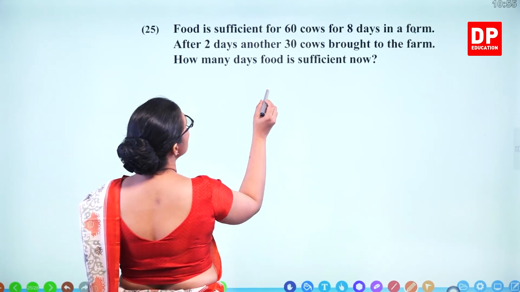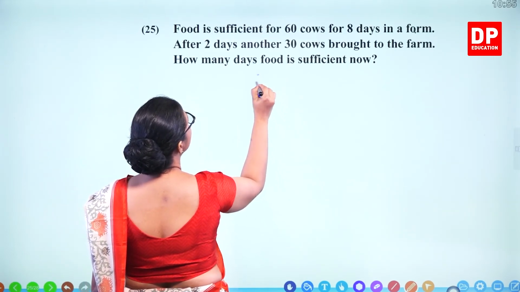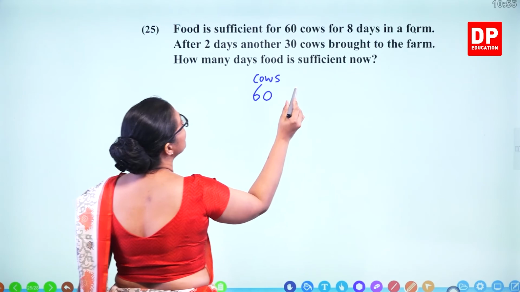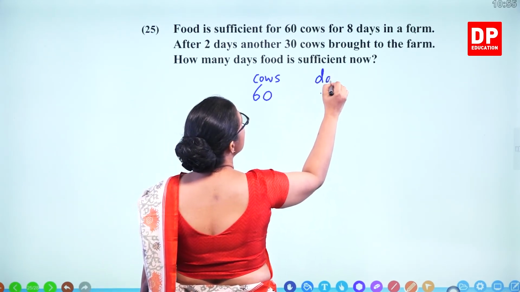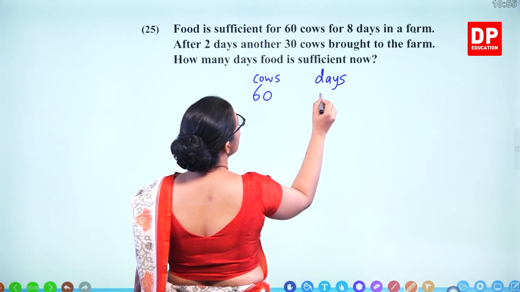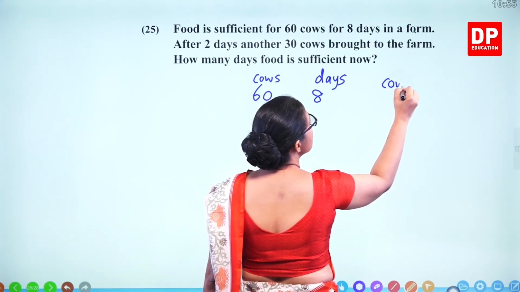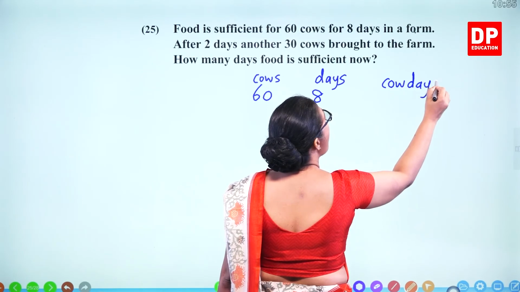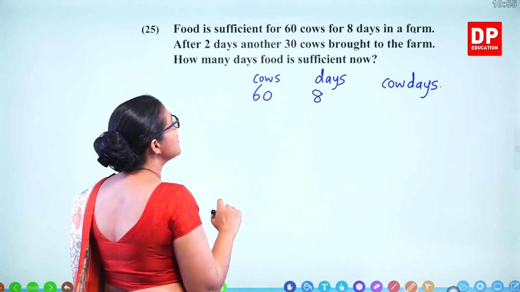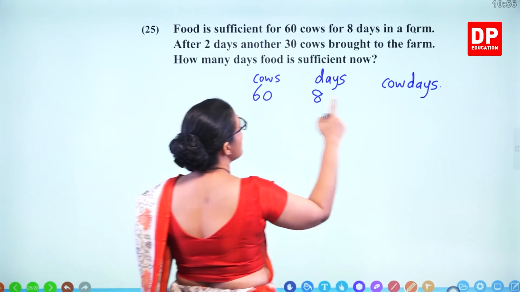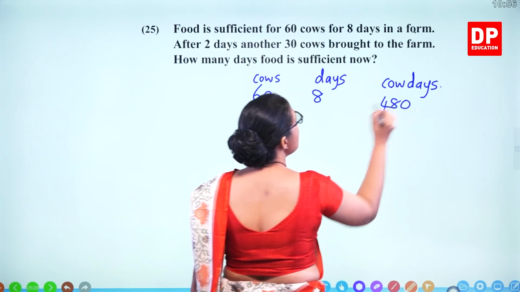So, how many cows were there? 60 cows. And days. Food is sufficient for 8 days. So, all together, we'll write cow days. How many cow days? 8 times 6, 48. 480 cow days.